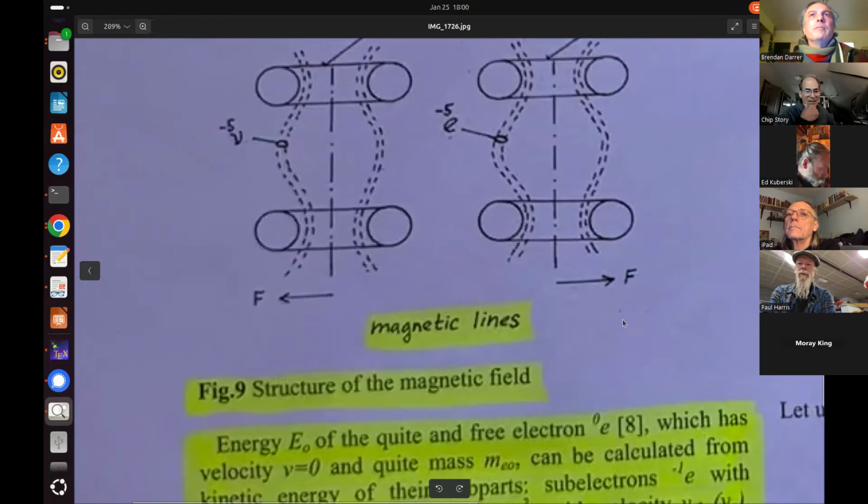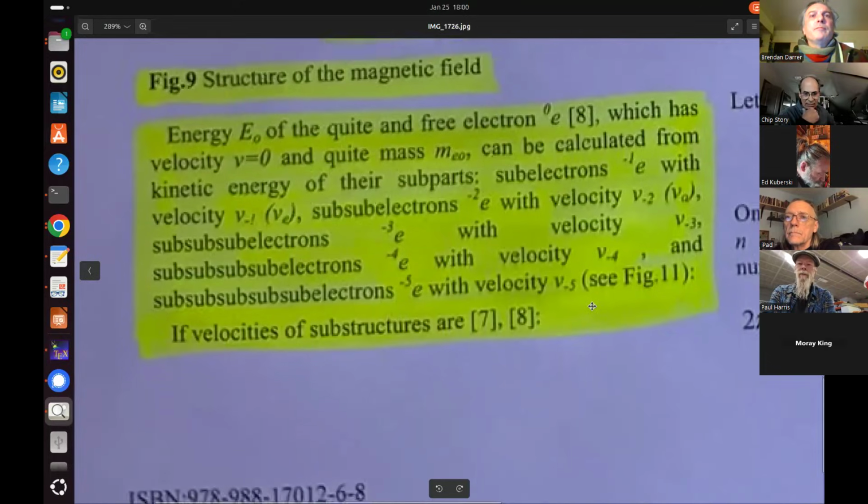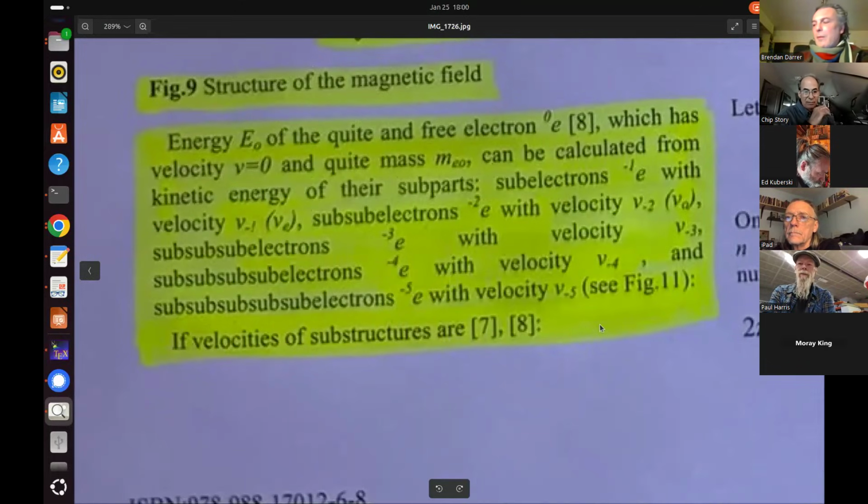All right. So highlighted again after the structure of the electromagnetic field, the energy E sub 0 of the quiet and free electron, which is velocity v equals 0 and a quiet mass, m sub E0, can be calculated from the kinetic energy of their subparts.